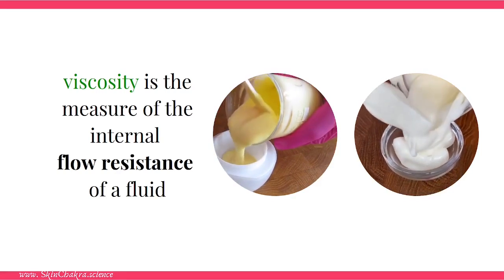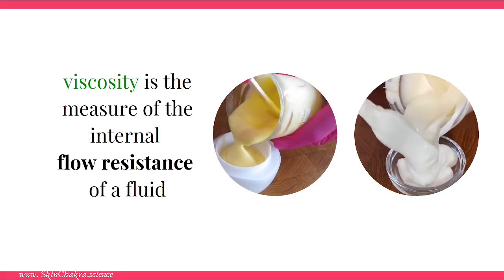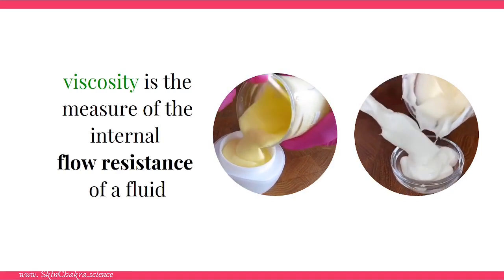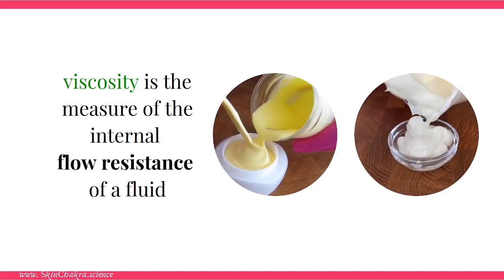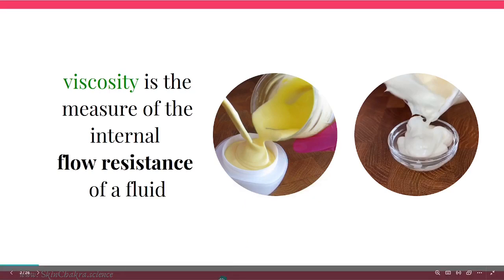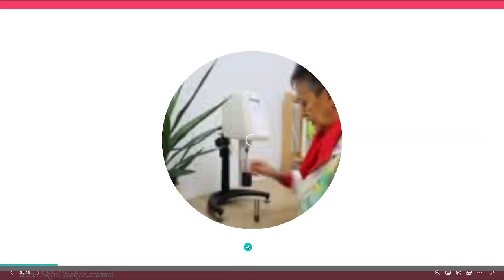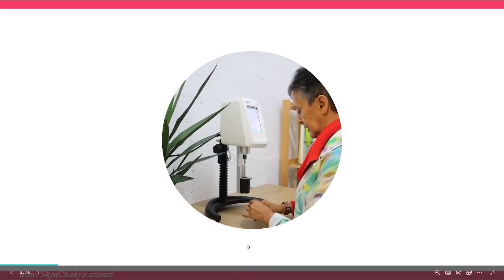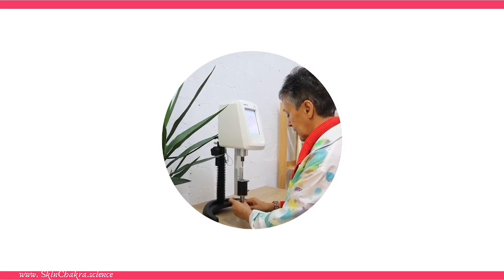Just visually you can comprehend that water and glycerin and honey have different viscosities, so they flow differently. This is a very simple term for the viscosity. Viscosity is something measurable, and you have devices that you can measure it with.